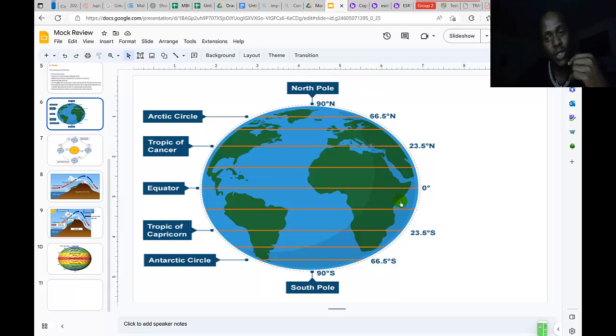So what we see in the question there is 23.5 degrees south. And as we mentioned, the reason for this 23.5 degrees is because the Earth's axis is tilted 23.5 degrees. So that's why the tropic above the equator is 23.5. The tropic below it is also 23.5 because of the Earth's tilt, 23.5 degrees.